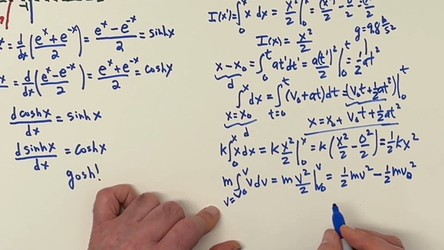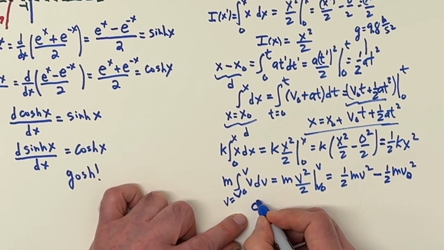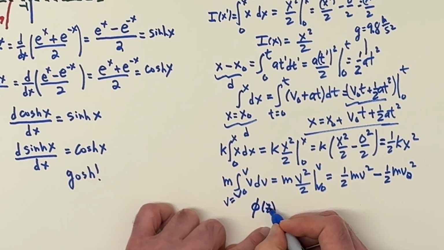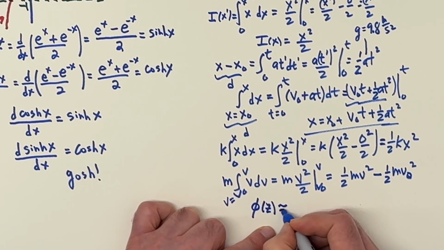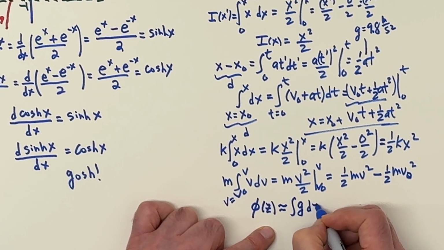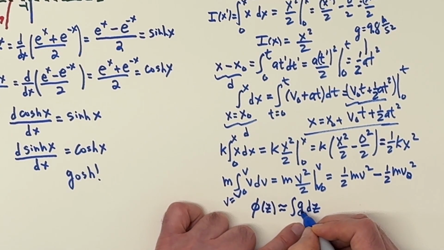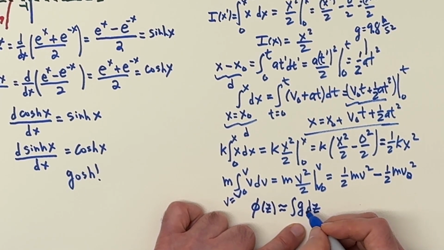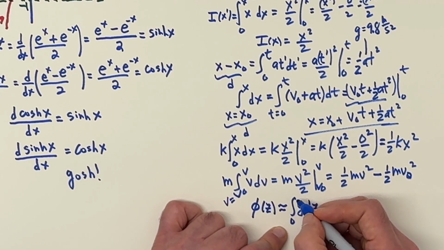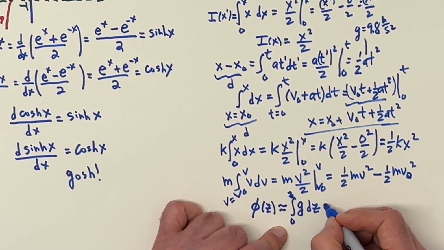Now, in our course on normal gravity, we will actually encounter the potential for gravity as a function of z, height. And this is approximately the integral of g dz, where g is roughly constant, but it's not constant. So we will consider that as an approximation. And we go from 0 here to some z, like that.